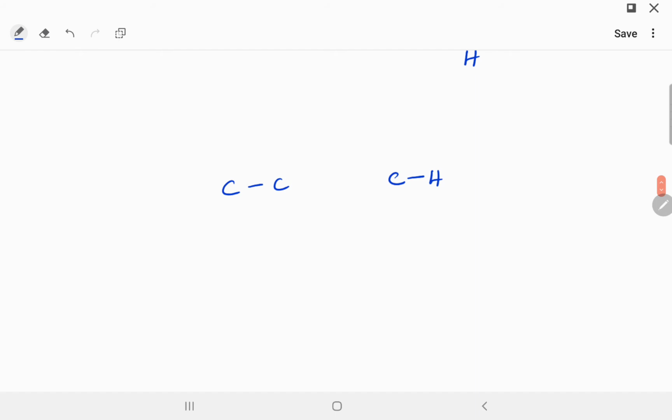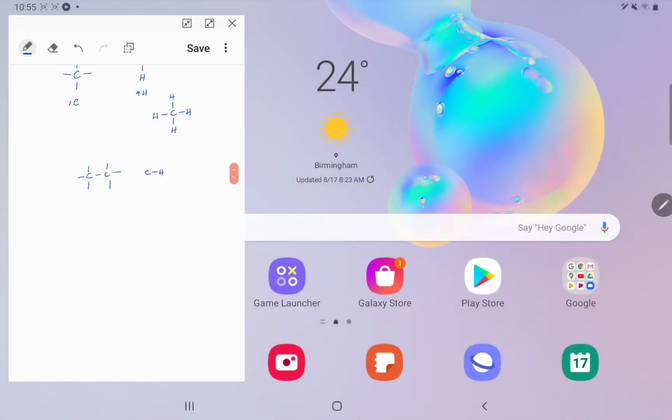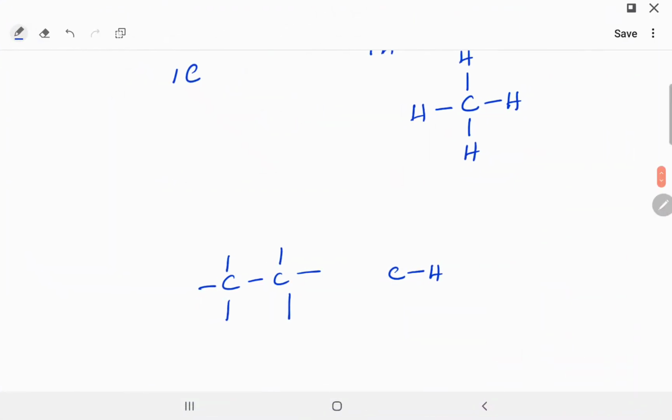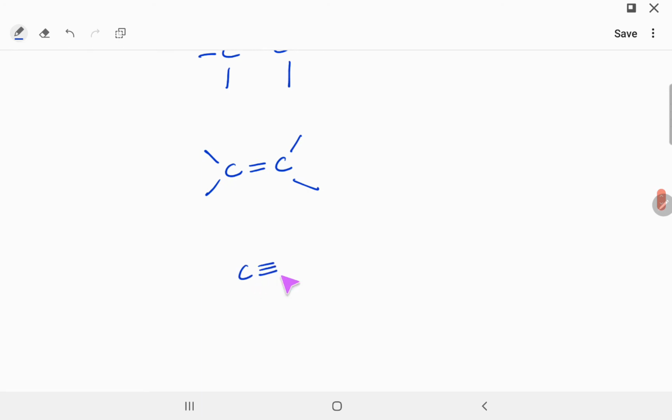But when it comes to carbon, of course carbon can have 4 bonds. So you can connect two carbons using a single bond, or sometimes you can connect two carbons using a double bond, and sometimes there are situations where you can connect two carbons using a triple bond.